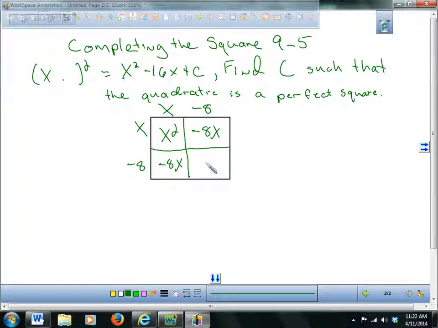What goes in this box right here? 64, right? That's what you're trying to figure out, what is C, and C is just this times this, which is 64. Okay, and that's basically how you complete the square.